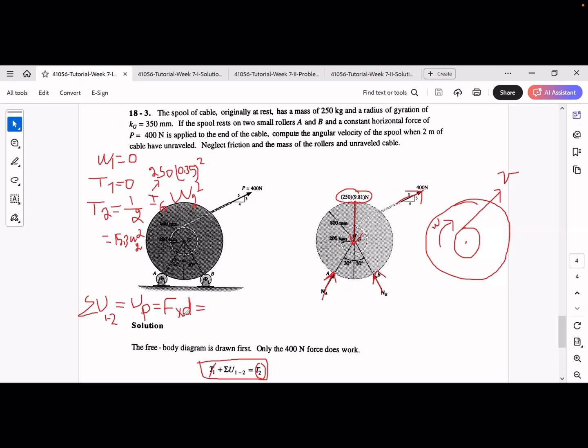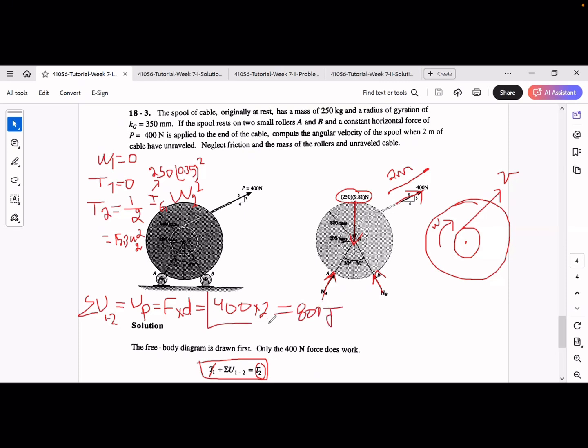The work done is the force multiplied by the distance along the same path. So if I know that the cable unraveled 2 meters along the 400 newton applied force, then this is going to be 400 times 2. I don't have to find the 3-4-5 components. So this is 800 joules.